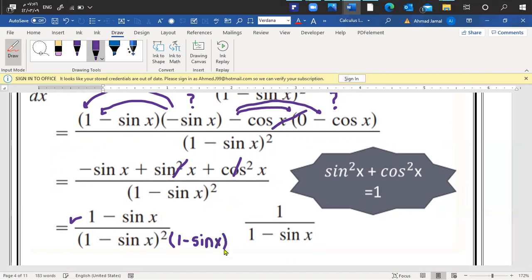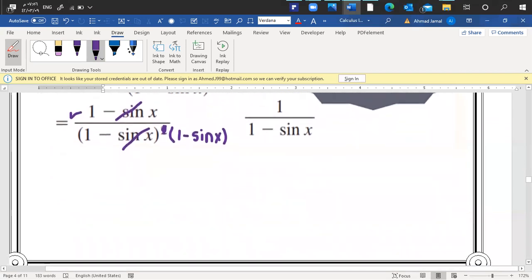So I can write it like this: (1 plus sine x) multiplied by (1 plus sine x). It means I can cancel this 1 with this 1. So the remainder here is 1 over 1 plus sine x.